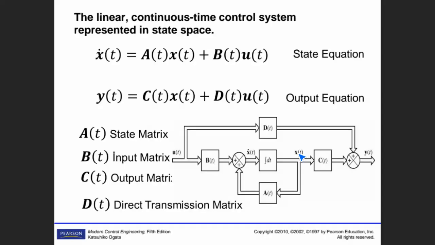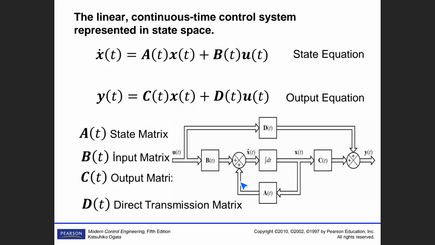That is X. X times A plus U times B is equal to X dot. I repeat. That is X. So X times A plus U times B is equal to X dot.